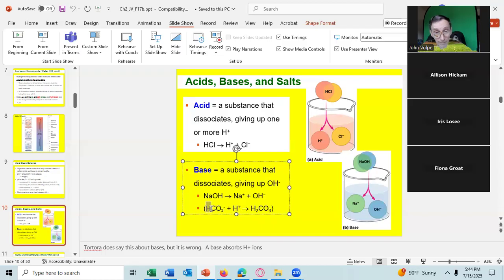This bicarbonate can absorb H plus to form carbonic acid, H2CO3, and that will remove the H plus from solution, which will make the solution more alkaline. So sodium bicarbonate is a base, and it doesn't put OH in the solution. It removes hydrogen plus ions from solution.